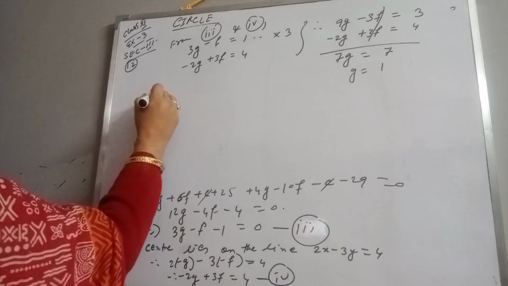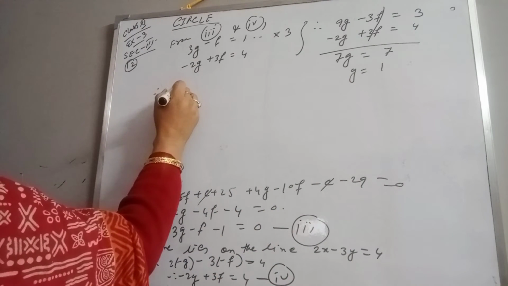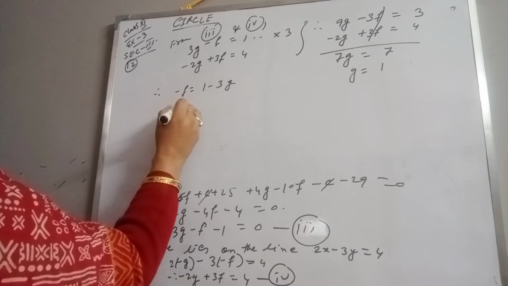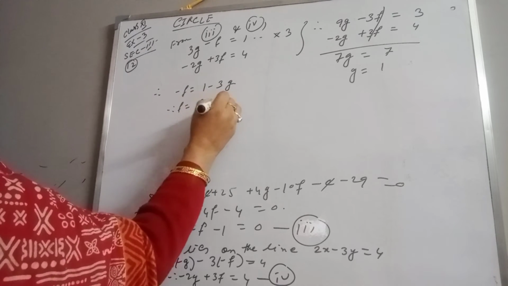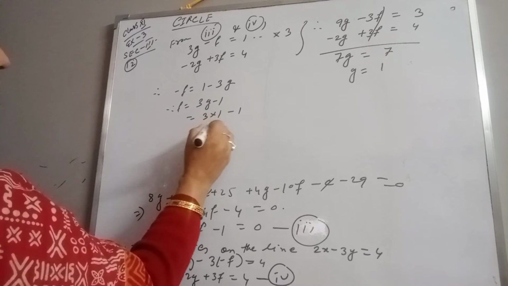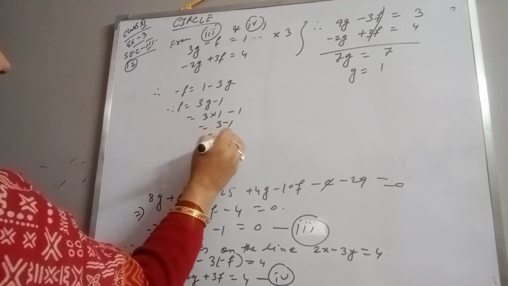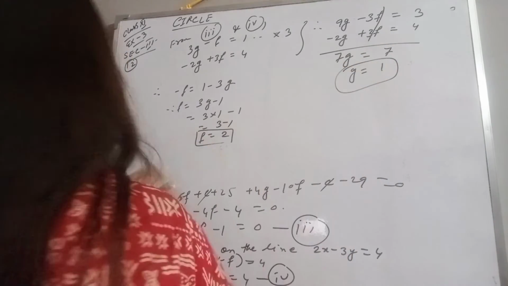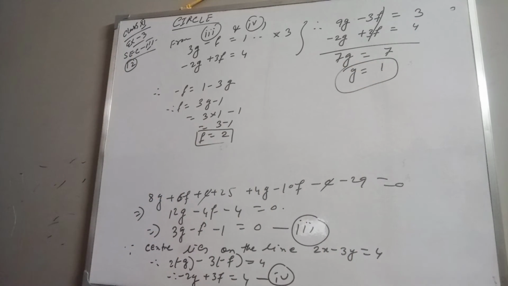When g is equal to 1, therefore minus f equals to 1 minus 3g, or f equals to 3g minus 1, that is 3 into 1 minus 1, 3 minus 1. So f is equal to 2 and g equals to 1.